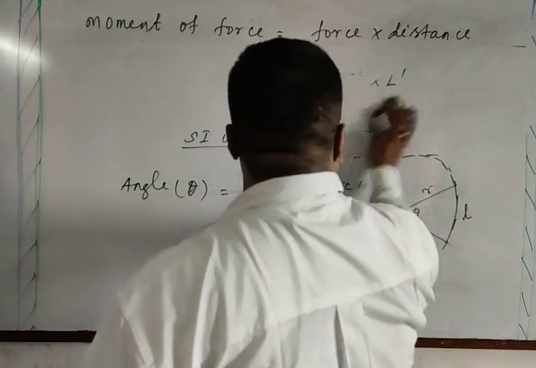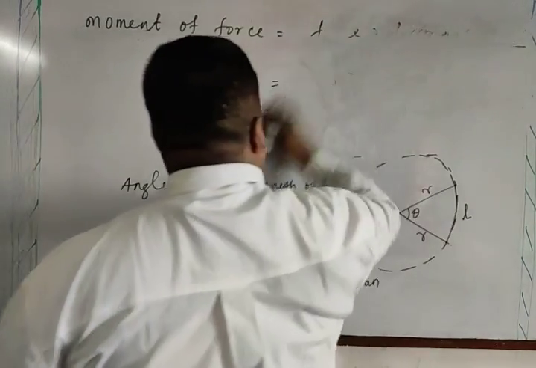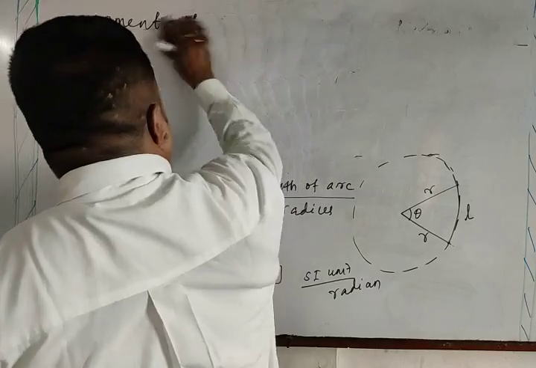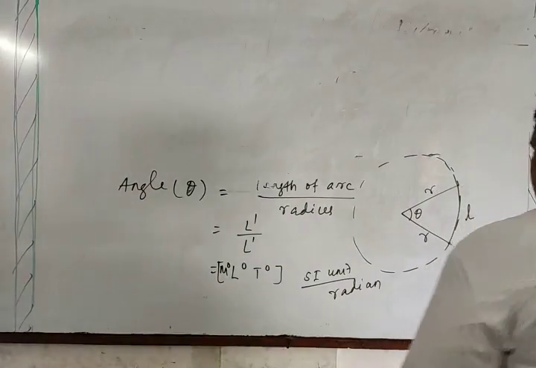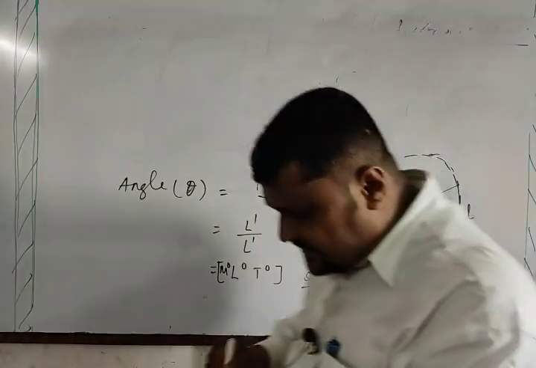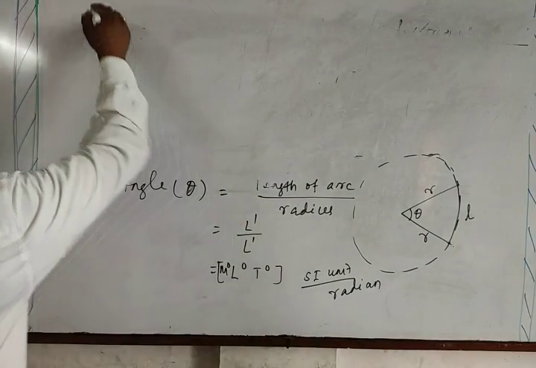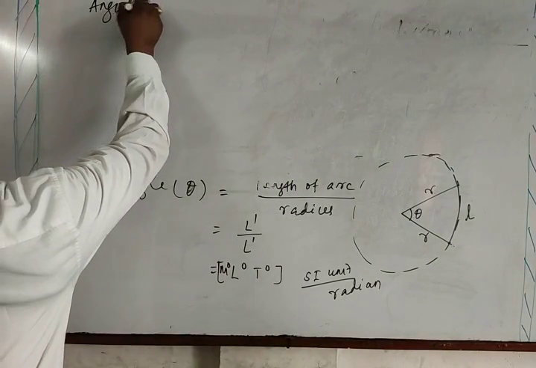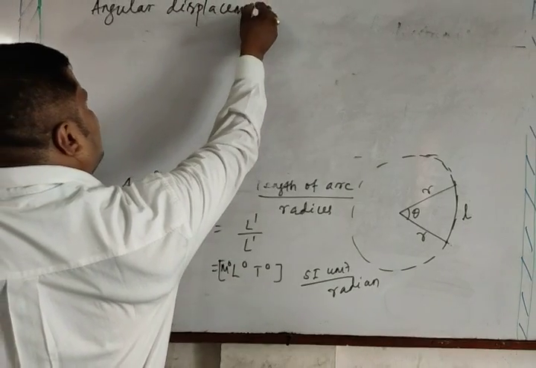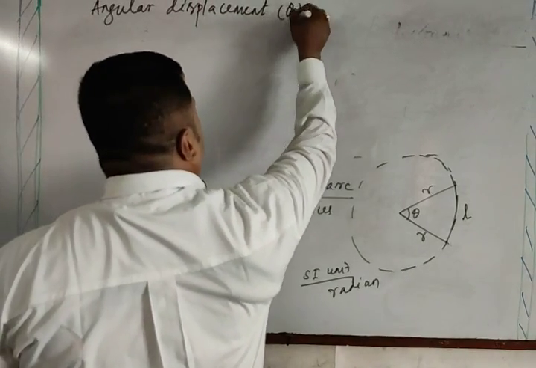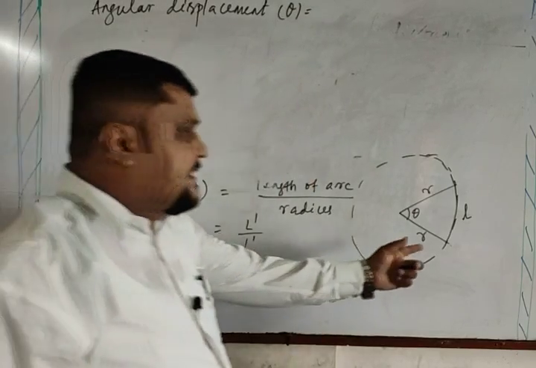From angle you can say the angular displacement. What is this angular displacement? When a body is rotating in a circular motion like this, the angular displacement is also taken as theta. The same concept here: what is the angle?